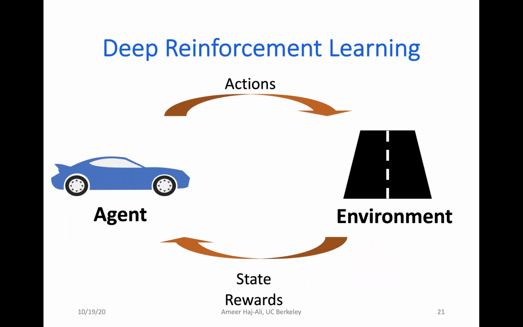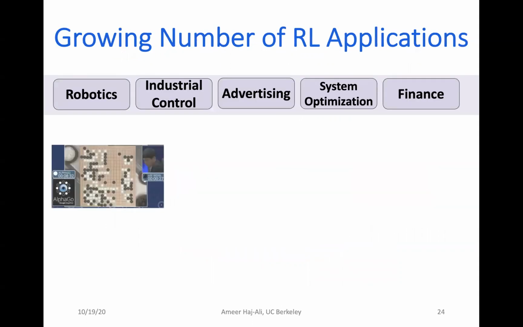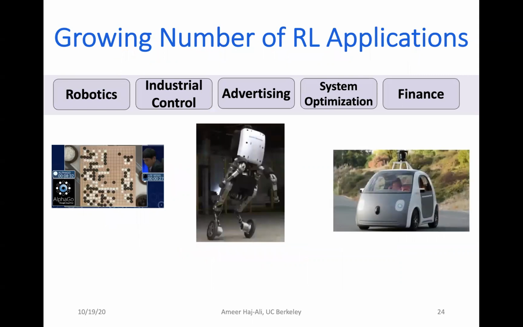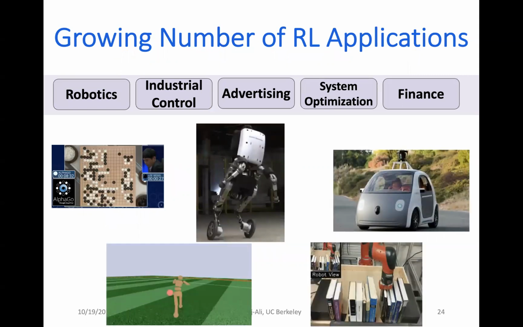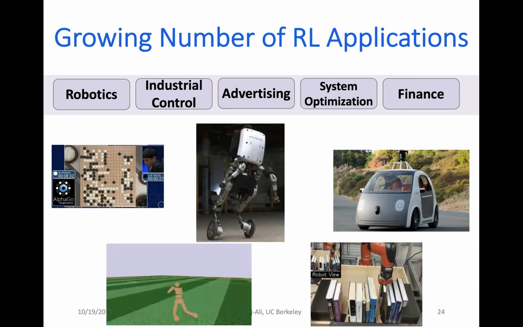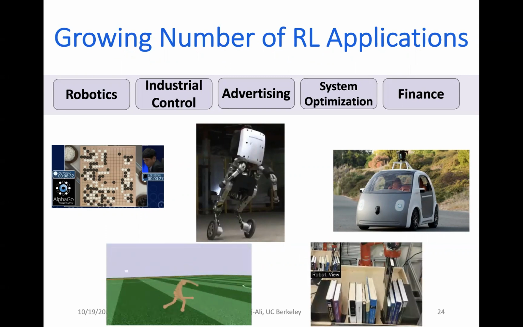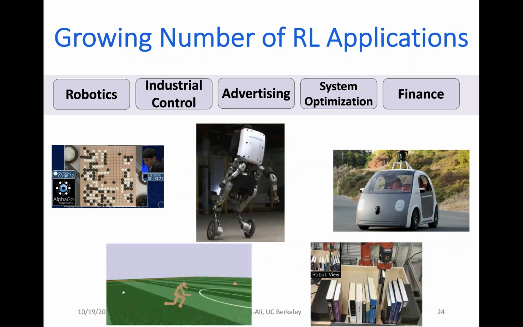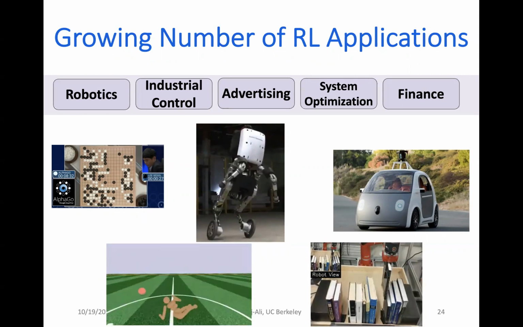And what makes it deep is the use of a neural network to make the predictions on which actions to take. And actually, there's a growing number of RL applications in finance and system optimization, advertising, robotics. And, you know, as some of you know, in 2016, DeepMind showed AlphaGo, which beats the human champion in the game of Go using DeepRL.